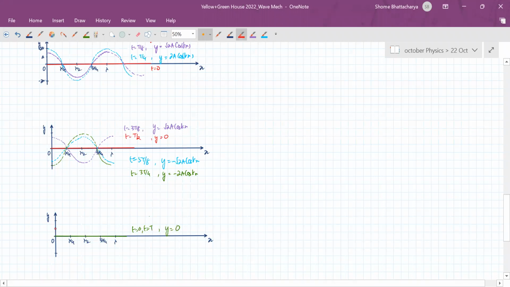But in between, it goes to this kind of position at T by 8, and then again 3T by 8. Then it goes to the extreme position, having an amplitude of 2a.